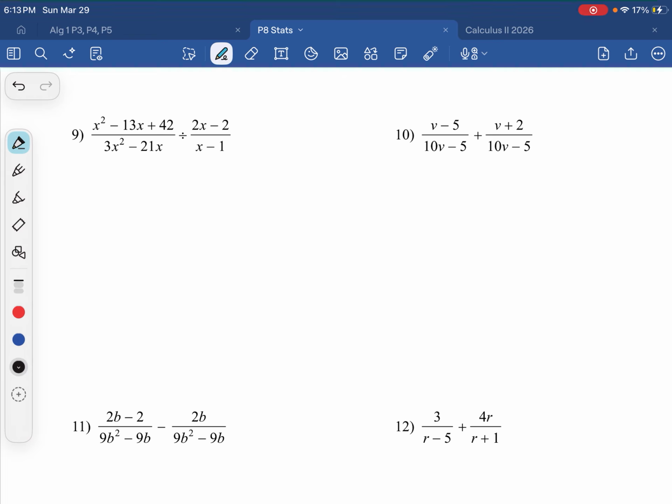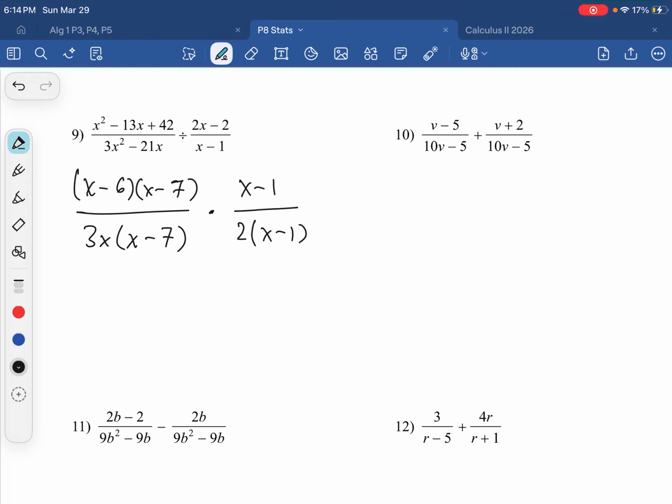In number 9, two numbers that multiply to 42 that combine to negative 13 are going to be x minus 6 times x minus 7 divided by, I can factor out 3x in the denominator, and I'm multiplying by the reciprocal, so this is x minus 1, and then if it's 2x minus 2, this is 2 times x minus 1.